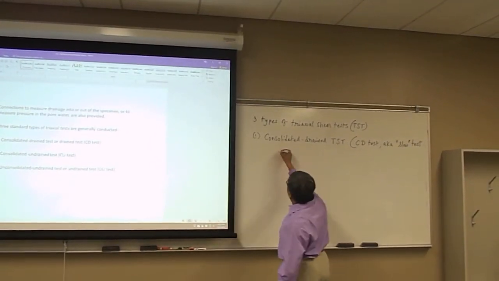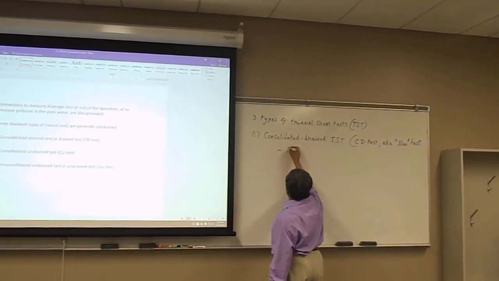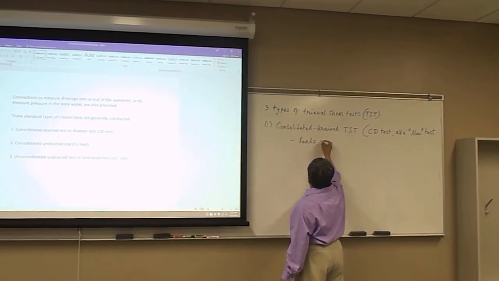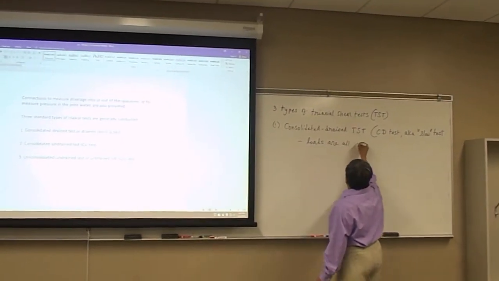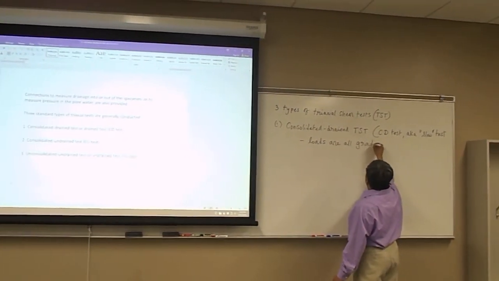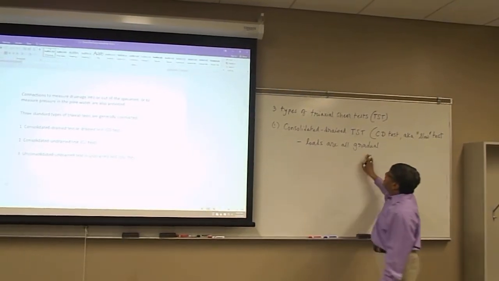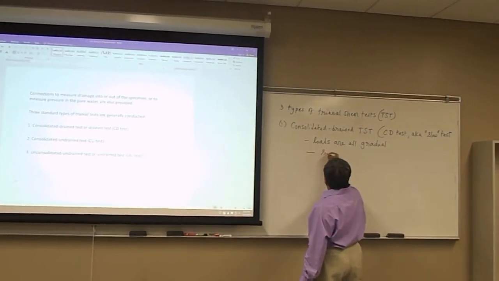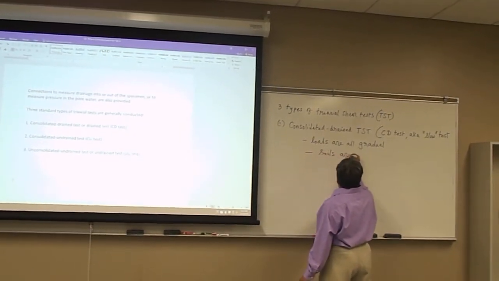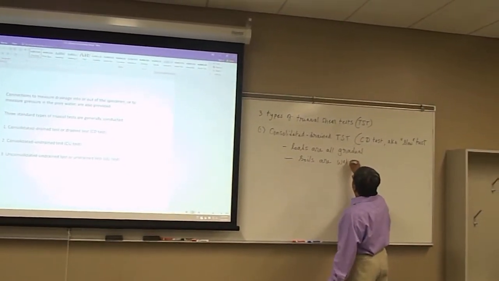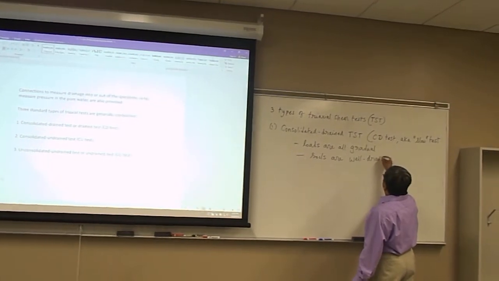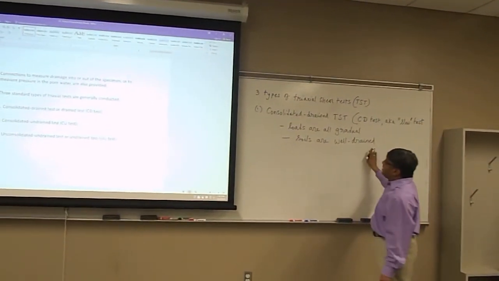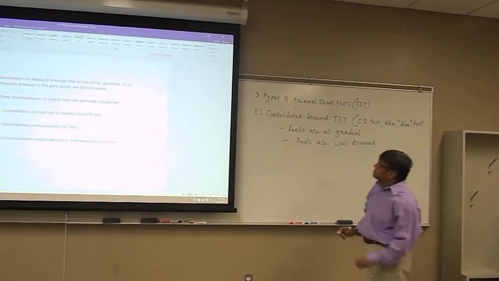This is when the loads are all gradual, no sudden loading, and soils are well draining. That means sandy, gravelly soils.